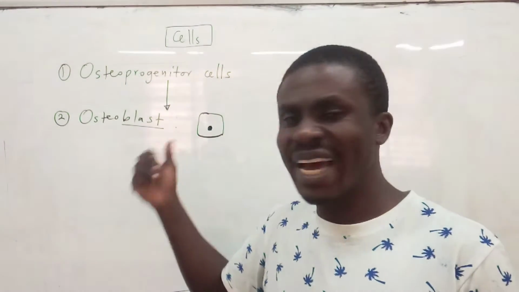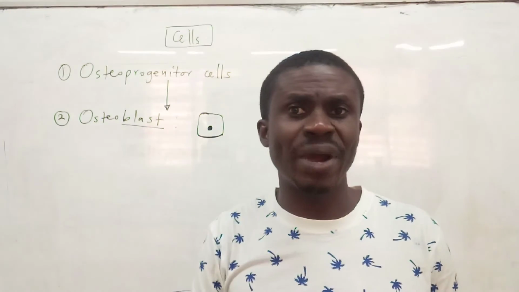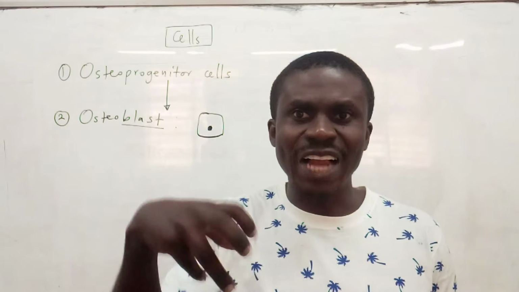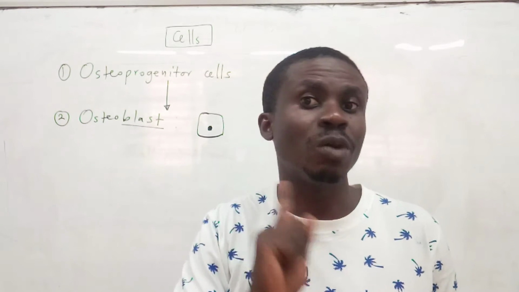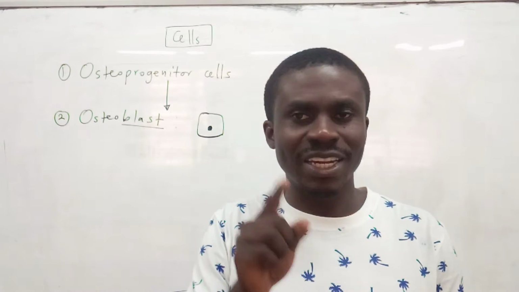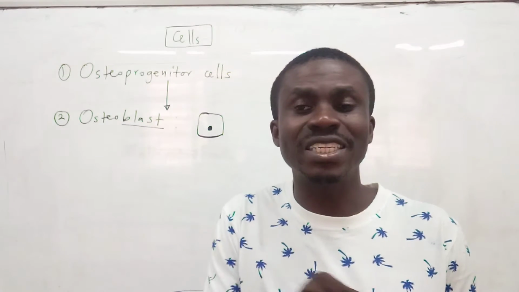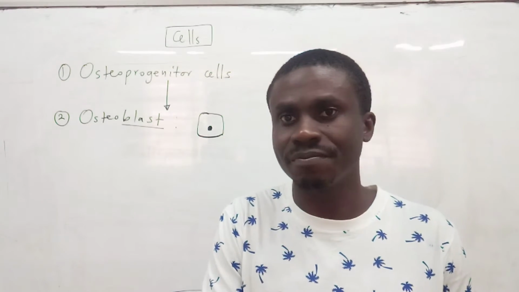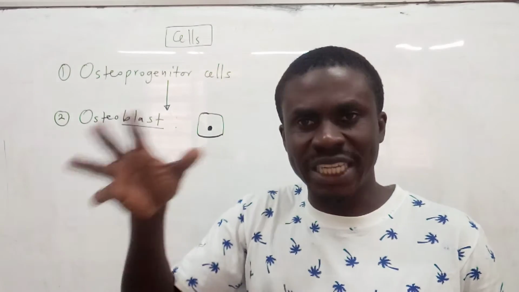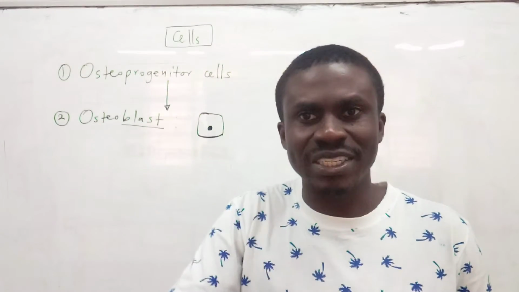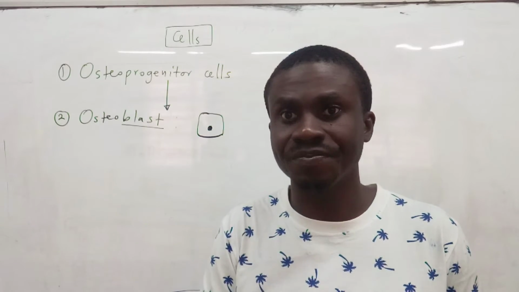Now for you to lay a lot of that hydroxyapatite, it means that calcium will have to be taken from the peripheral blood all the way into the bone. In other words, we will reduce blood calcium level, but we will increase bone calcium content. Why? Because this guy, the osteoblast, will need to deposit the mineral matrix on the osteoid. Yes, that's what is going to happen.